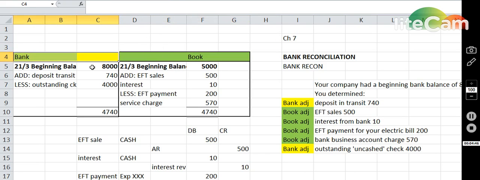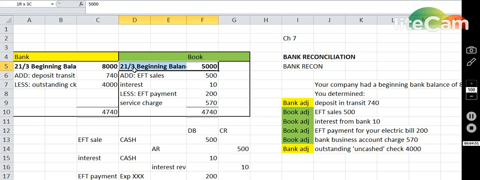So we had 8,000 was our beginning for the bank, and 5,000 was our beginning balance for the book. So we need these numbers to balance out at the end to equal. So I'm going to add my deposit in transit, because once that money gets to my bank, it'll make the number bigger, so we plus that amount.